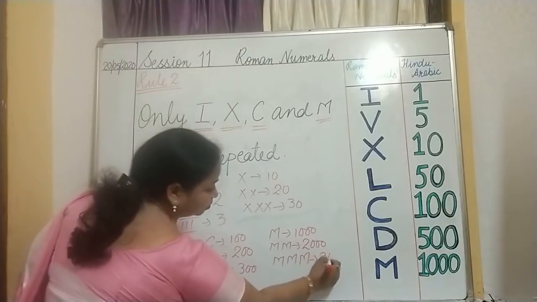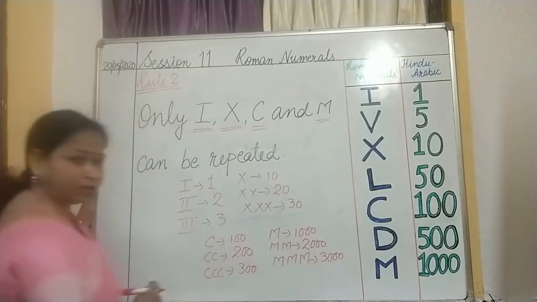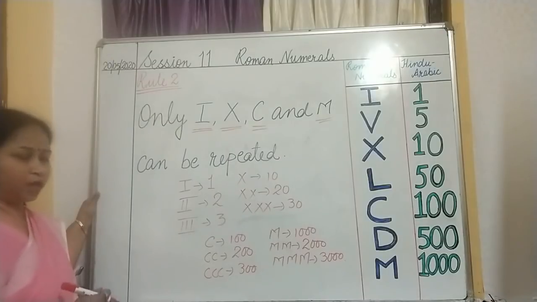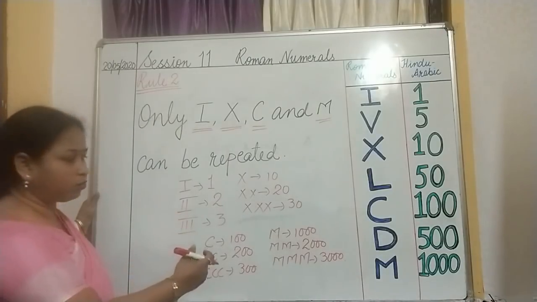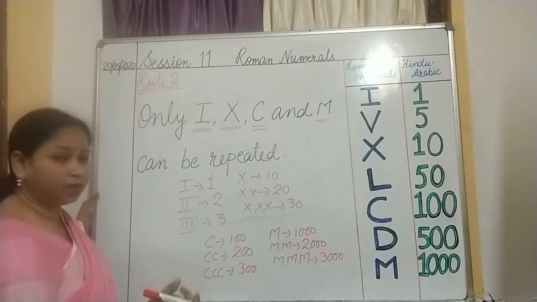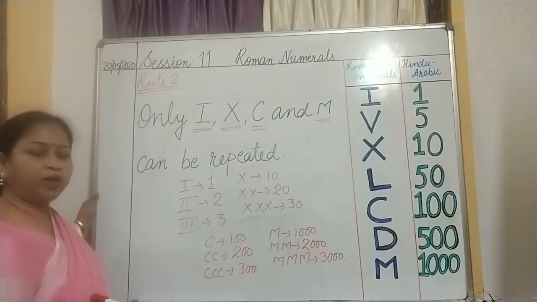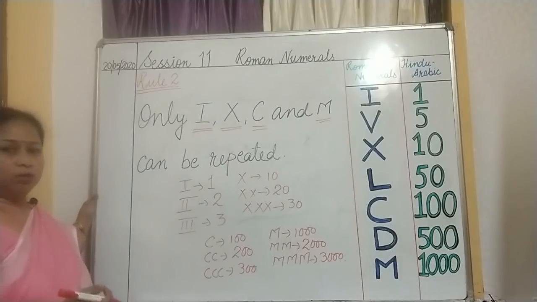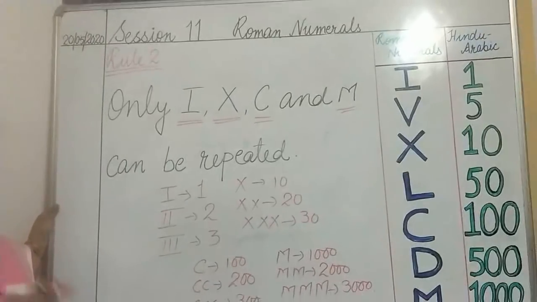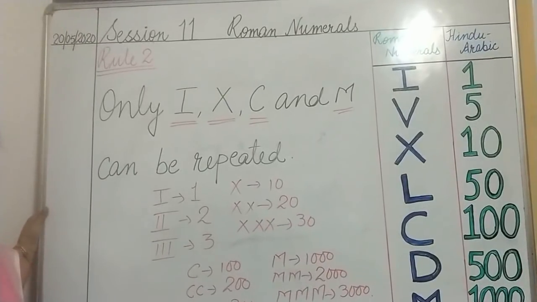It is 3000. Understood, children? These are the values we have easily identified till now. But how to write 4 or 6 or 9 or 90, suppose? For that I will explain further in rule number 3.